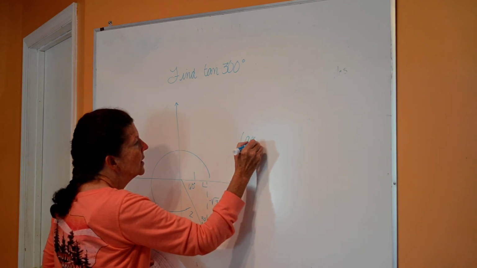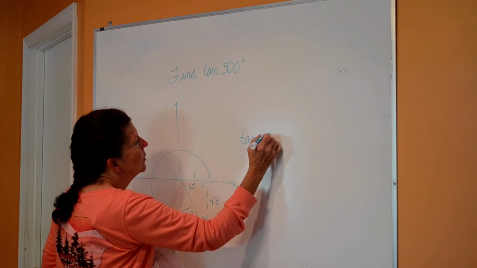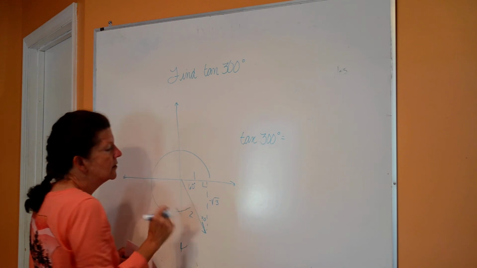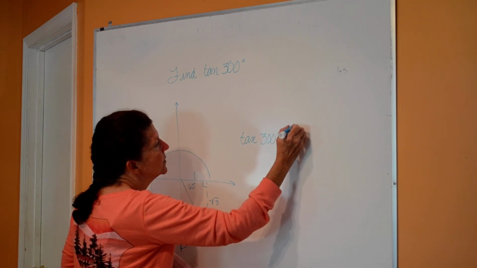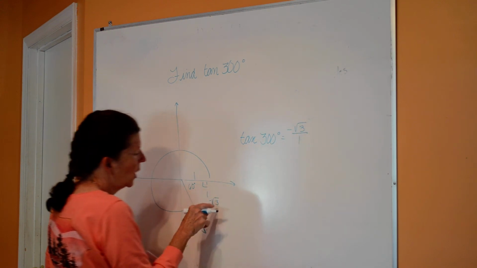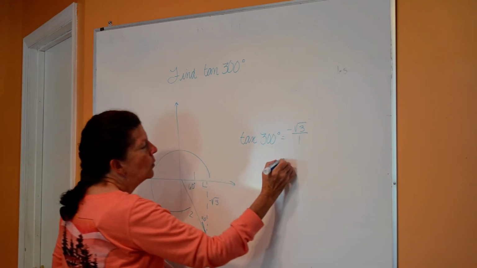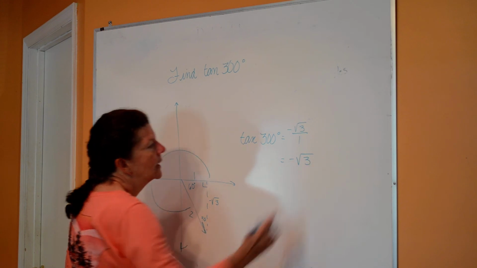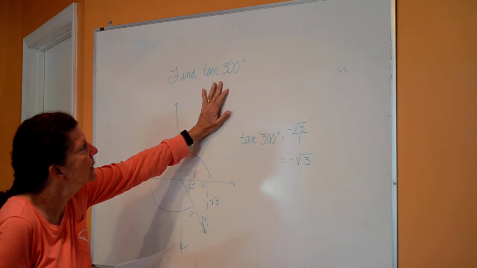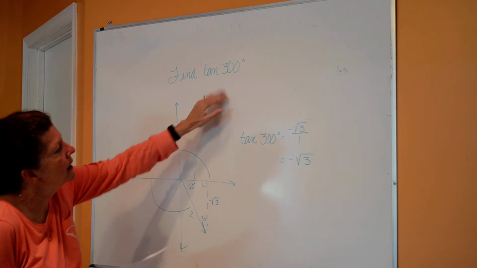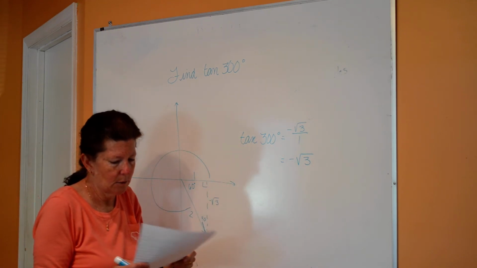So the tangent of 300 degrees, which is the same as the tangent of 60, down in the fourth quadrant, is negative square root of 3 over 1, opposite over adjacent, or negative square root of 3. Now I think you'll find that if you did that on your calculator, the tangent of 300 degrees, it's going to give you a decimal value that's equal to that.